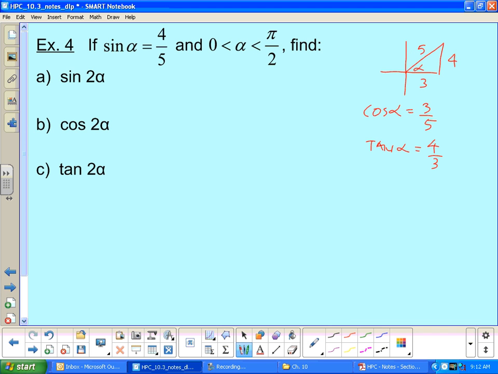And I think that's all we will need here. So sine of 2 alpha will be 2 sine alpha cosine alpha. And this will become 2 times 4/5 and 3/5. So we get 24 over 25.